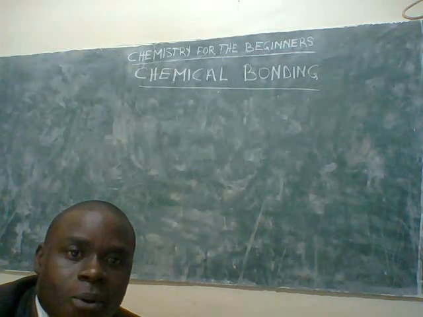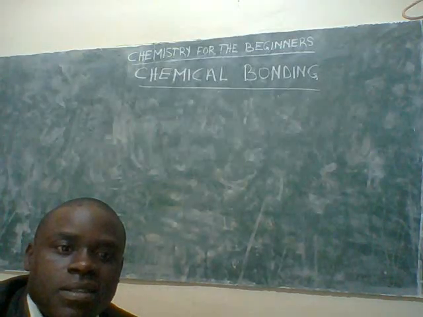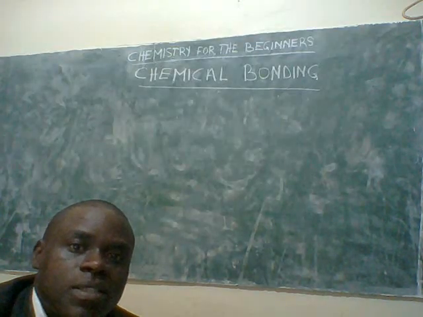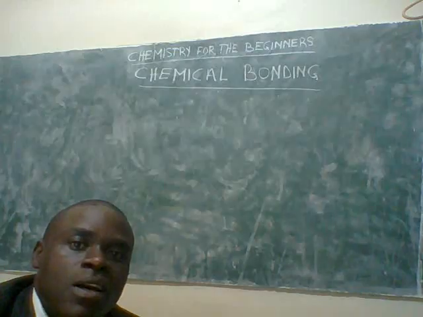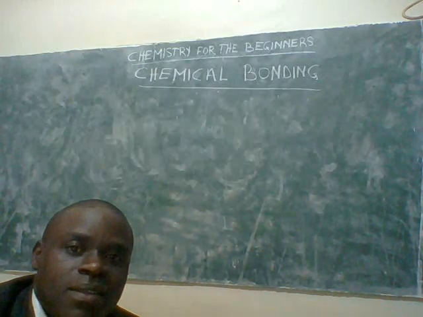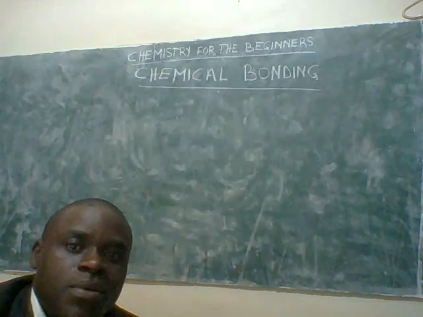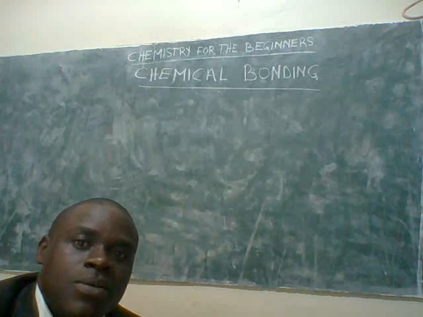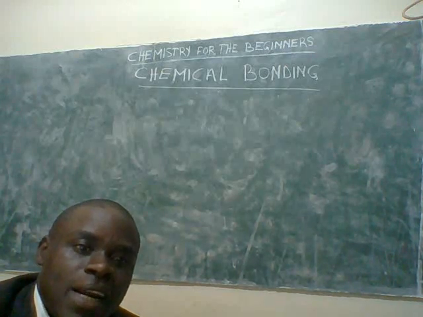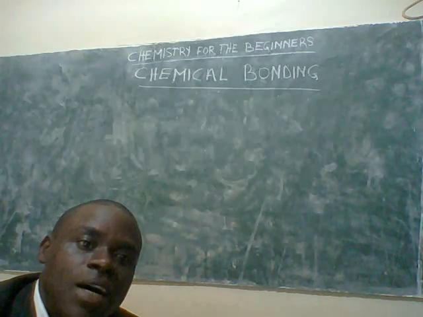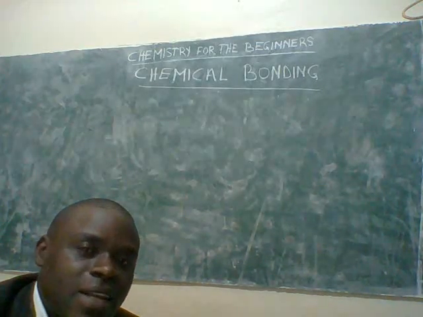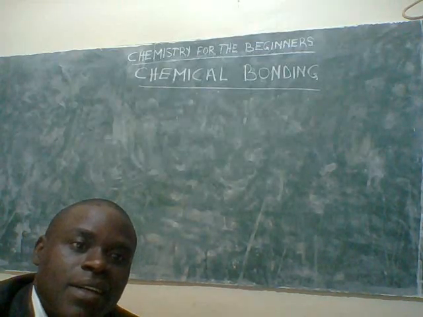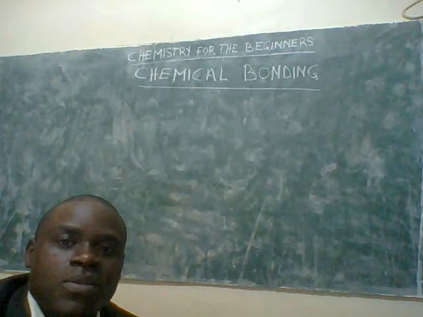So when we say chemical bonding, we are asking which type of force holds two atoms combined together. For example, the word bonding is all about the force of attraction which keeps atoms, ions, groups of atoms or molecules together in a chemical compound.